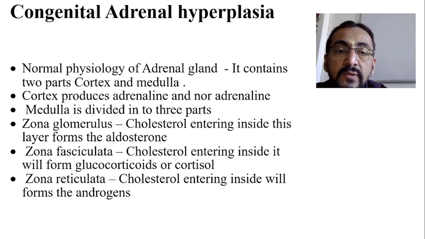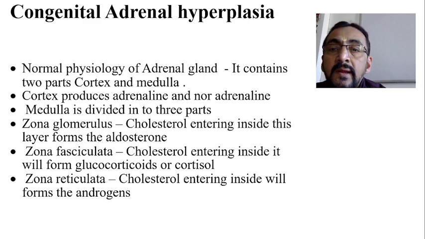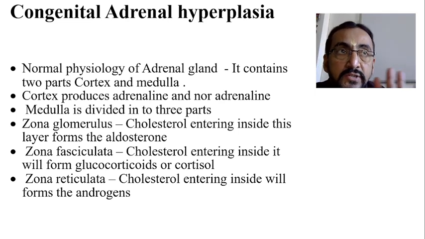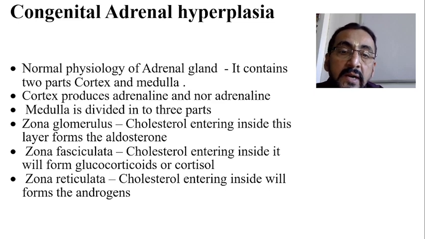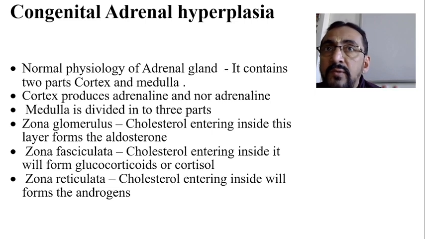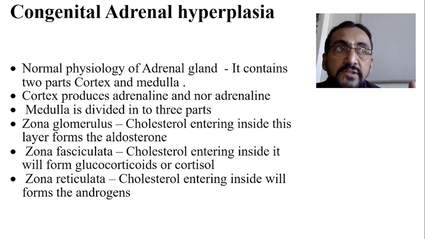We should know that cholesterol enters the adrenal gland, and in the zona glomerulosa the same cholesterol gets converted into aldosterone or mineralocorticoids. Similarly, in the zona fasciculata, cholesterol enters and gets converted into glucocorticoids or cortisol. Similarly, in the zona reticularis, the cholesterol enters and produces the androgens. This is the basic information. So what I mean to say is cholesterol is the basic precursor here.